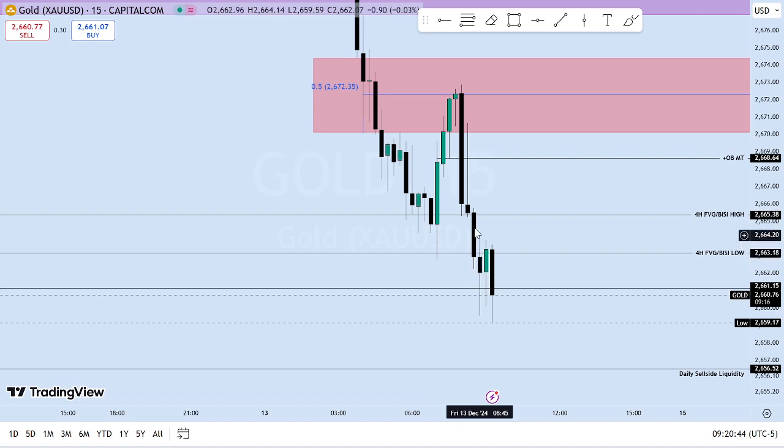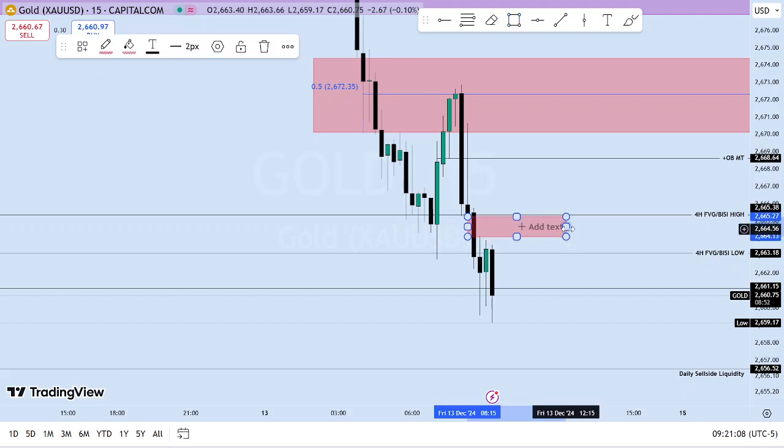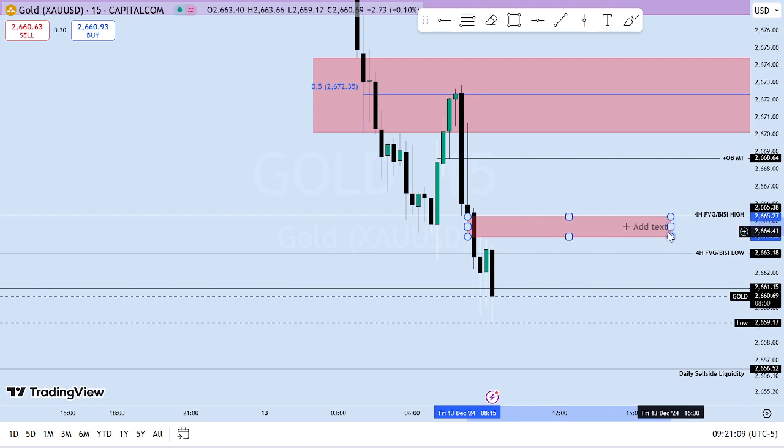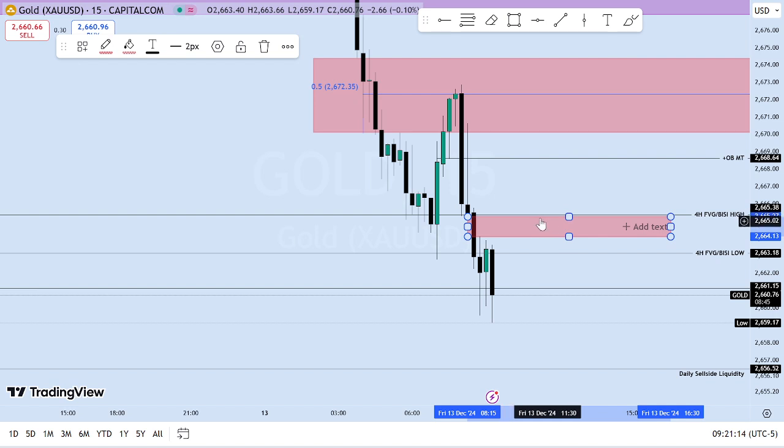We have a fair value gap over here. This is my special model, a fair value gap created inside an inefficiency, an inefficiency created inside an inefficiency. You just have to wait for price to deliver inside this. Now, this is the last candle for bullish, for buyers.